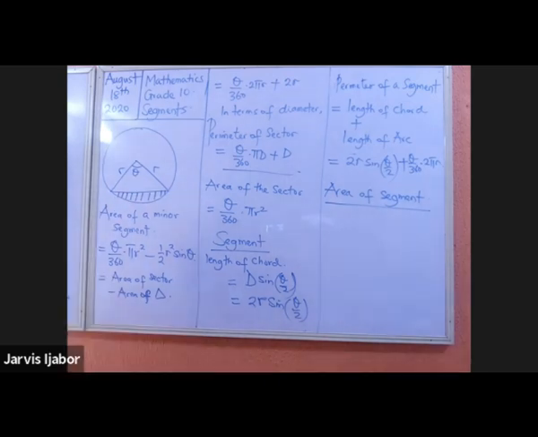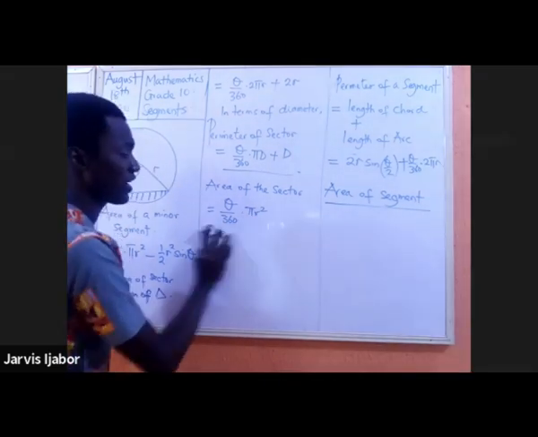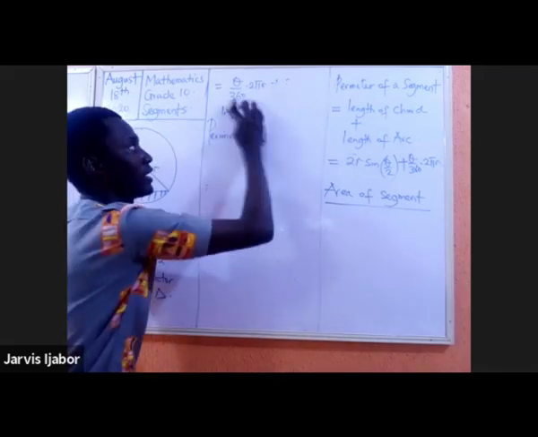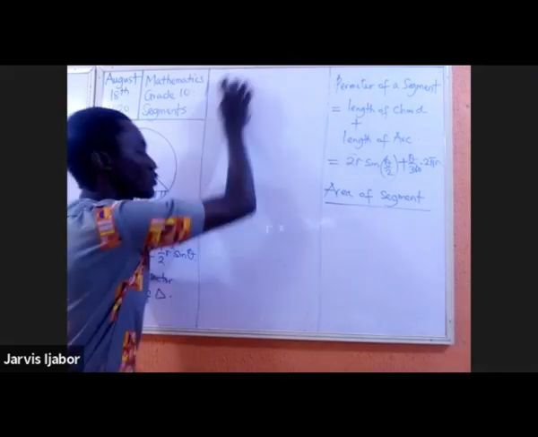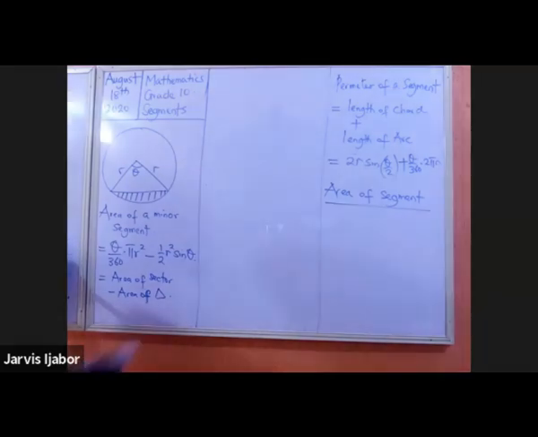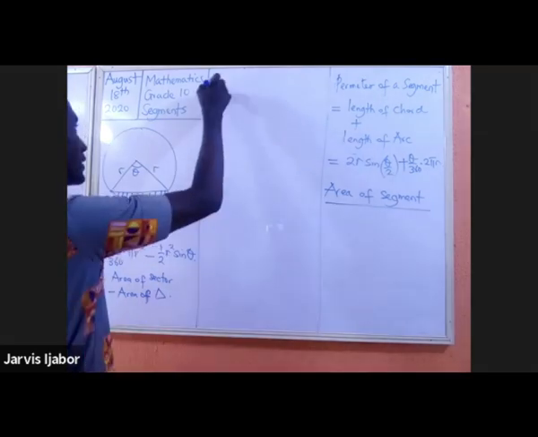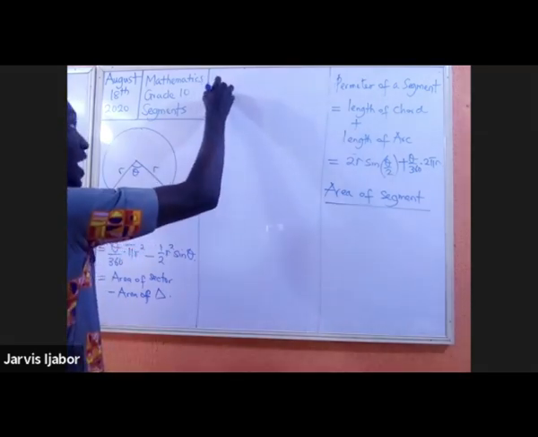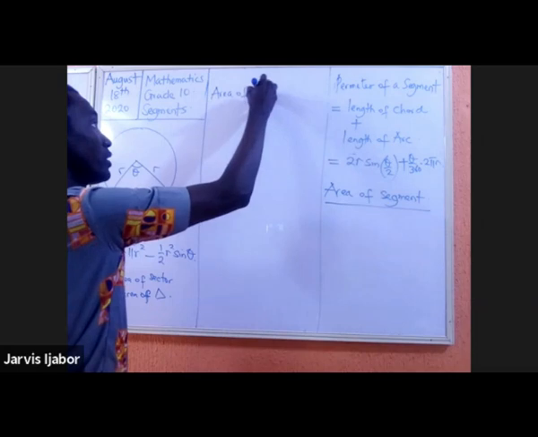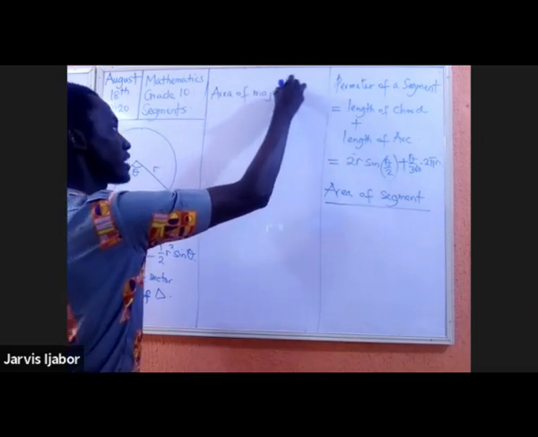Now, I'm going to be very careful when I'm talking here, because when we start solving practical questions, you will know how to make more informed decisions. Now look at this. The area of major segments.